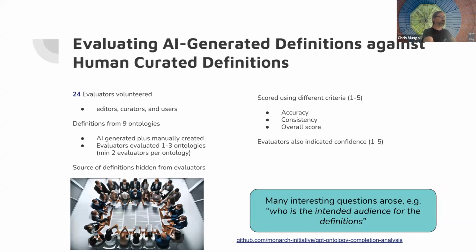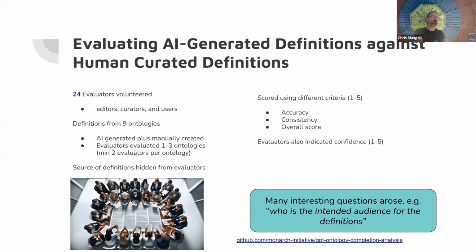So we took the generated definitions from 9 different ontologies. Each evaluator evaluated between 1 and 3 ontologies. We gave the evaluators both the human author definitions in the ontologies as well as the AI-generated ones, but we didn't tell the evaluators where they came from.